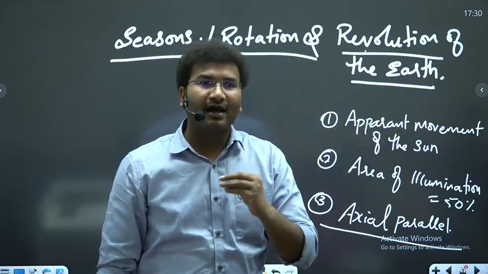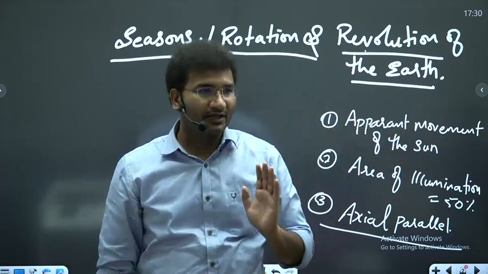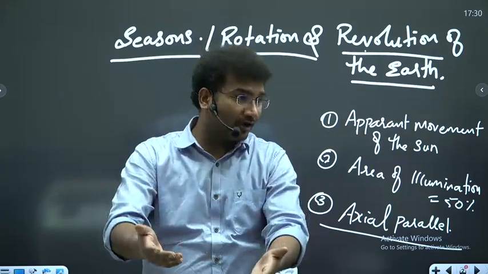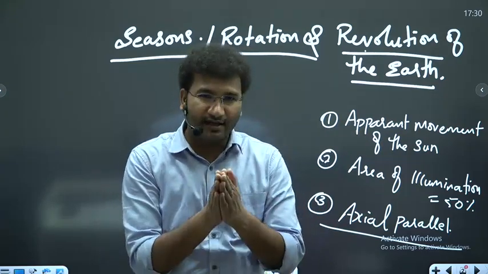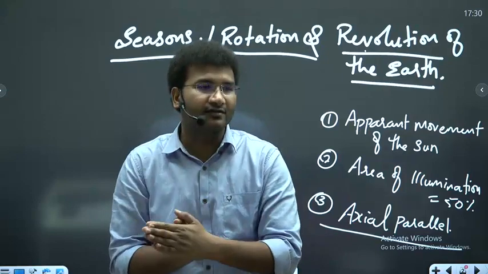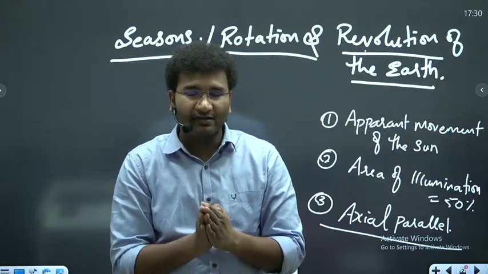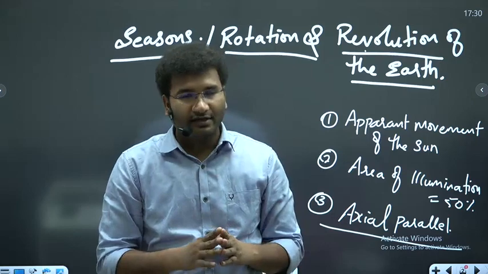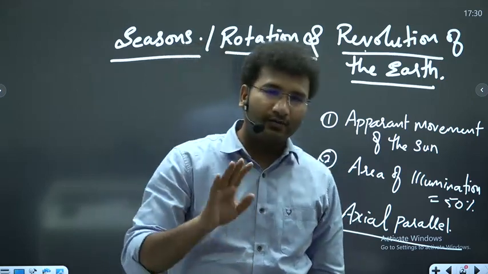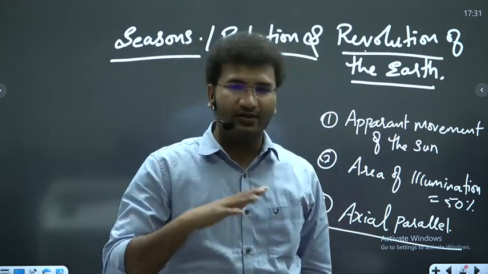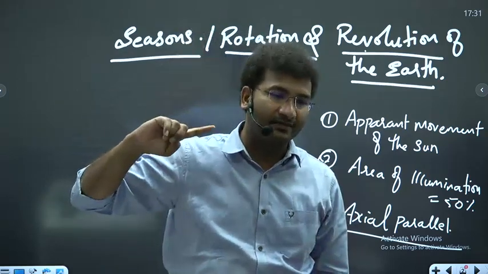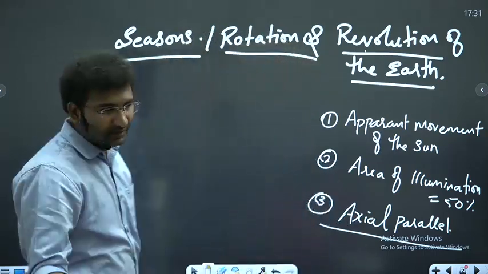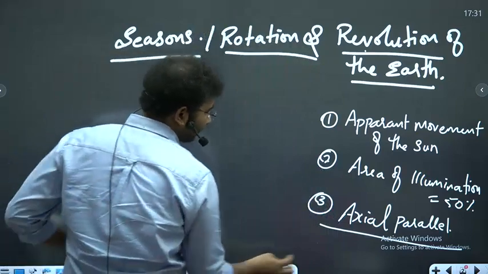It is apparently moving, it seems like it is moving, but in fact it is not. In fact, the sun does not move, but we human beings standing on the earth feel that the sun is rising and the sun is setting. Right? This is called the apparent movement of the sun.